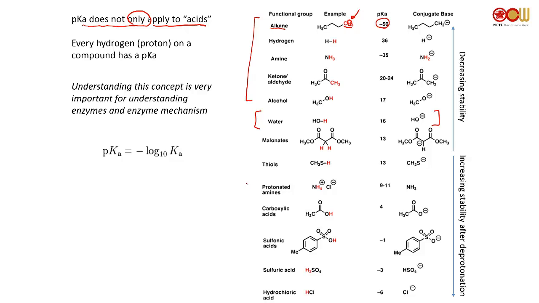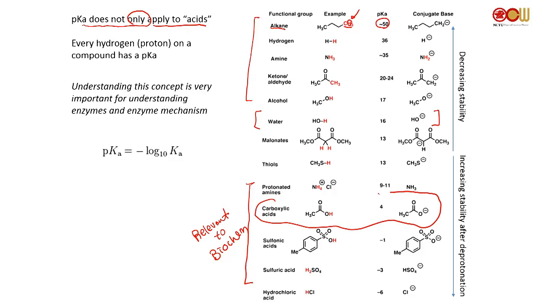So for our purpose, we are interested in these. These are the ones that are relevant to biochem, minus the sulfuric acid and sulfonic acid. We're going to primarily be focusing on carboxylic acid and protonated amines.